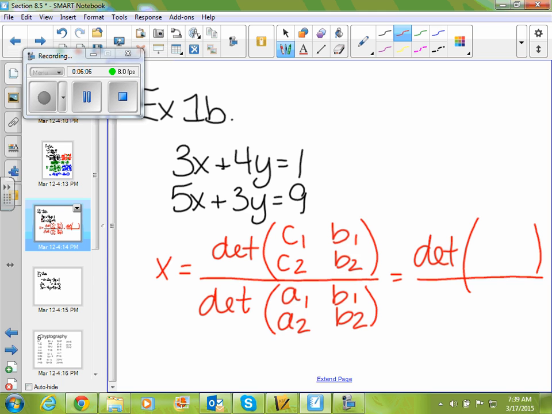So what that actually means is my c1 is 1, my b1 is 4, my c2 is 9, my b2 is 3. And my leading coefficients are 3, 4, 5, and 3.